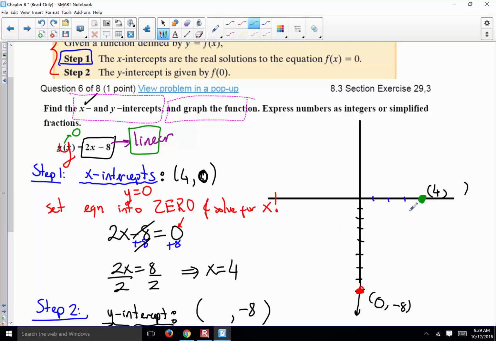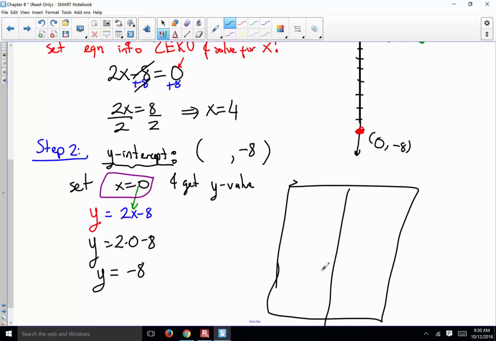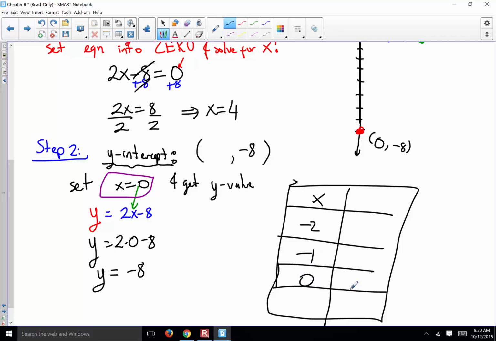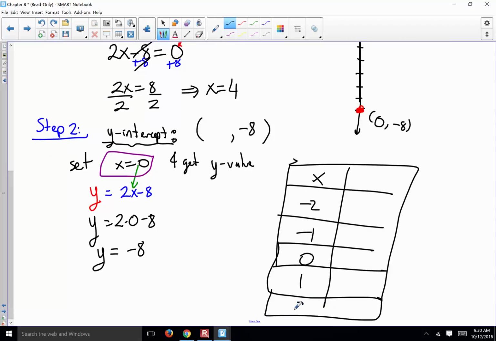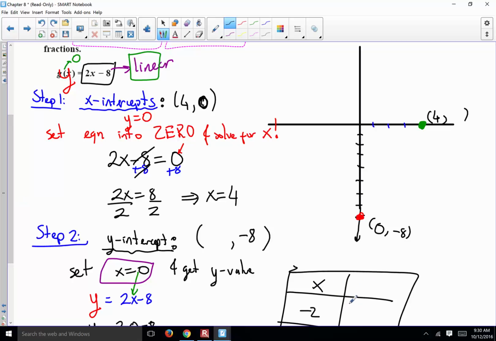Alright, you already have 2 dots on that line. The regular method requires us to use many points, as many as you wish. You can put -2, -1. If you have a lot of time on your hands, you can do this all weekend. Put any wild numbers you wish and compute this. But to graph this, do you really need to set up any table here? Are you required? No, we already have 2 dots on the line.